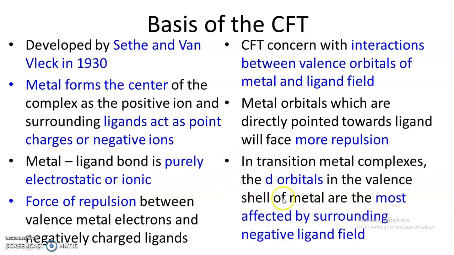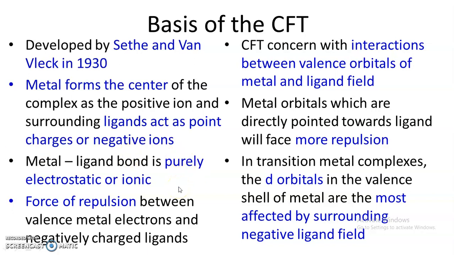Then in transition metal complexes, the d orbitals in the valence shell of the metal are the most affected by the surrounding ligand field. This point is also very important, and this is the basis of crystal field theory.